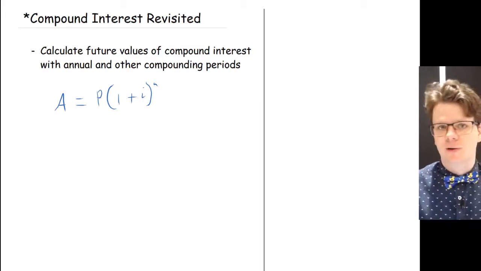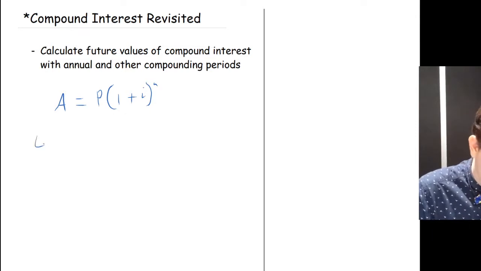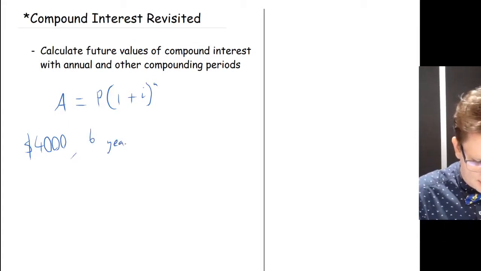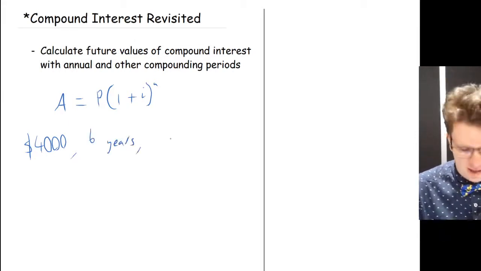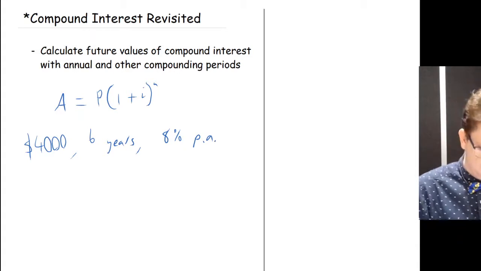So if we start off with a more straightforward example, we could think of something like this. We're going to start with $4,000. We're going to invest it for 6 years at an interest rate of 8% per annum, compounded yearly.